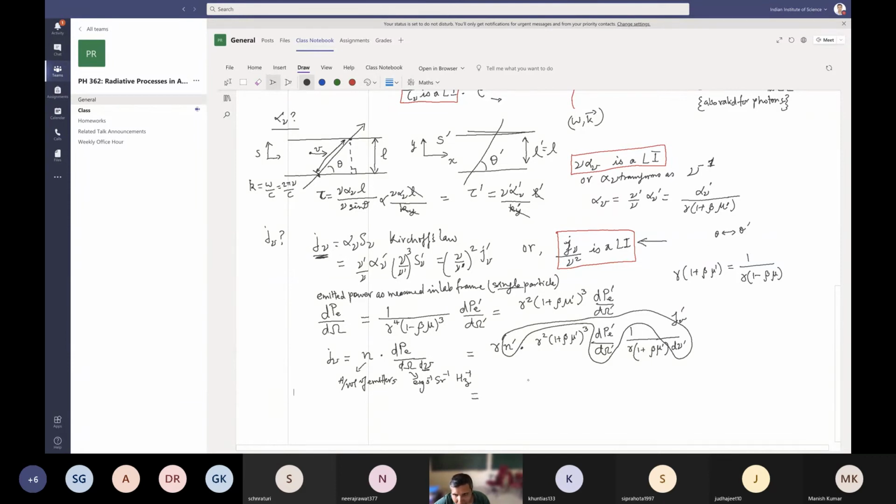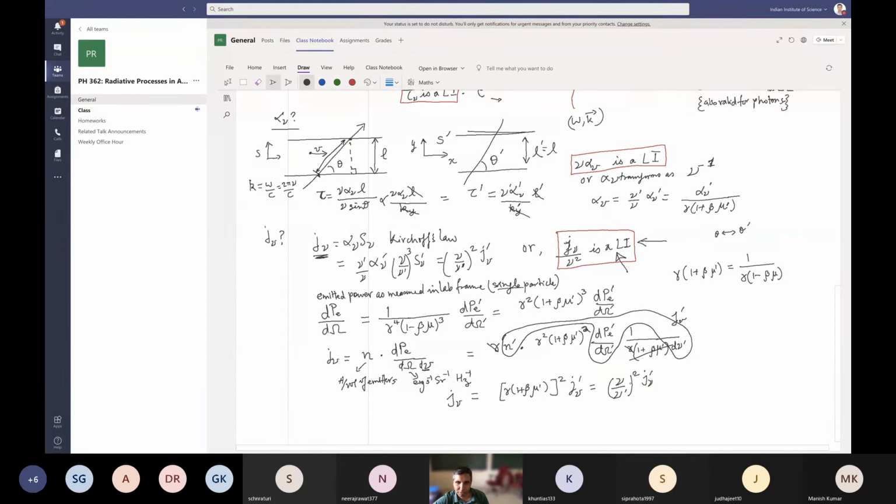We get, so this gamma and this gamma can get cancelled, and this will make it nu squared. So what we have is j nu equals gamma, 1 plus beta mu prime squared, j nu prime, which is nothing but nu by nu prime squared j nu prime, which is nothing but this expression.